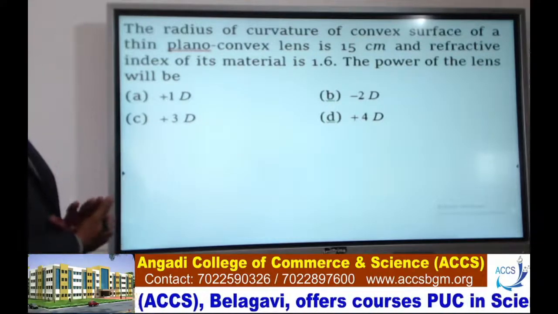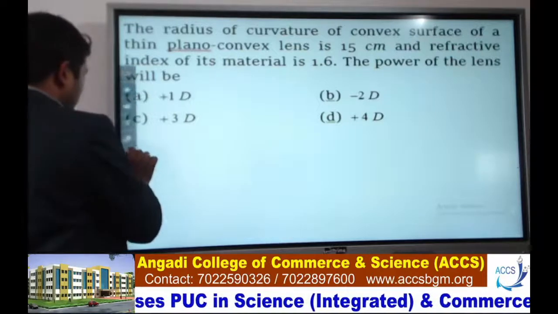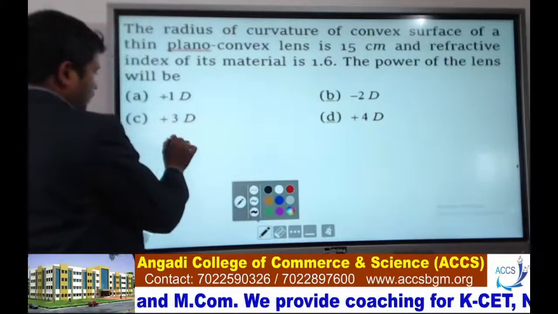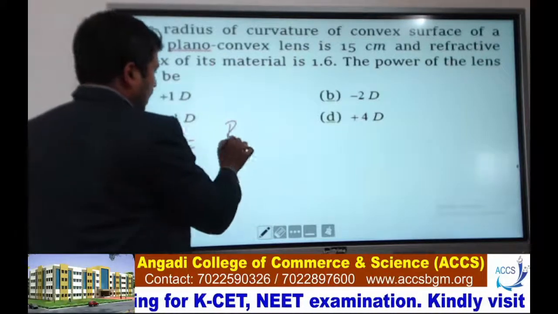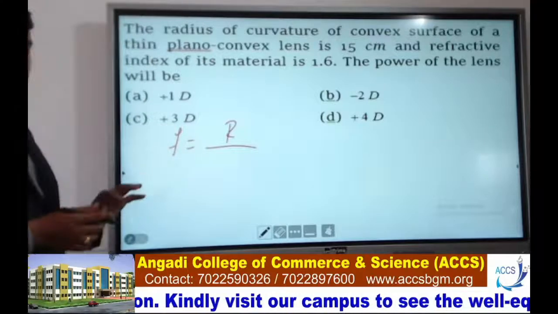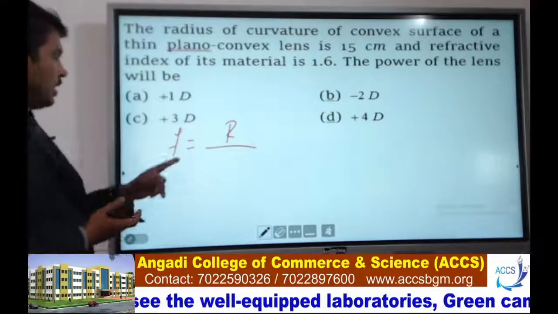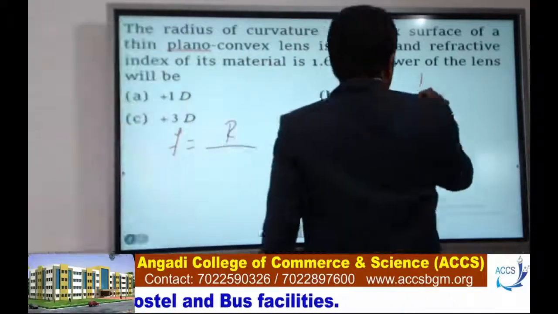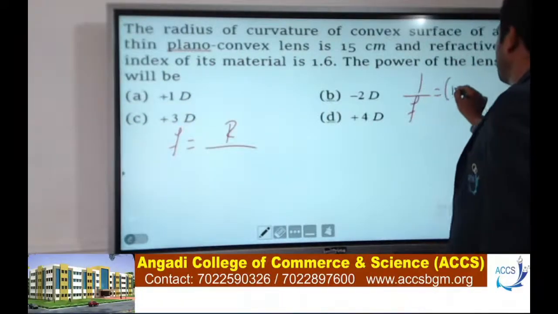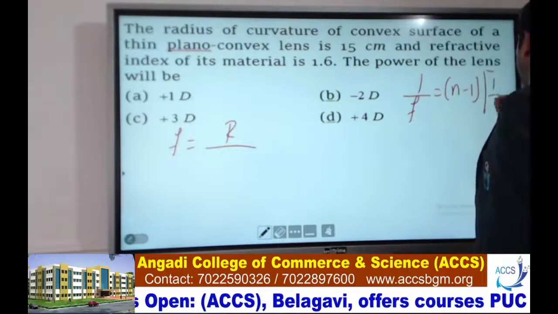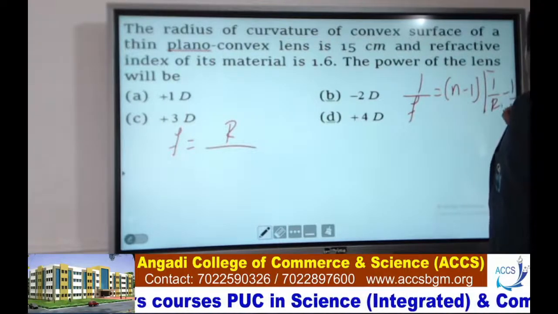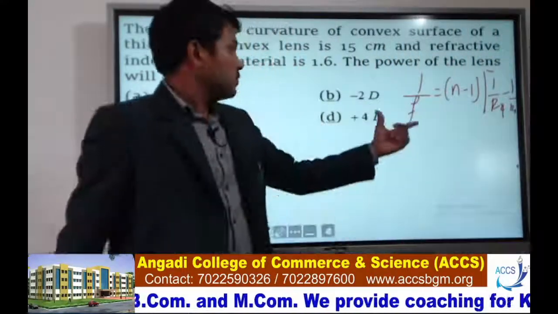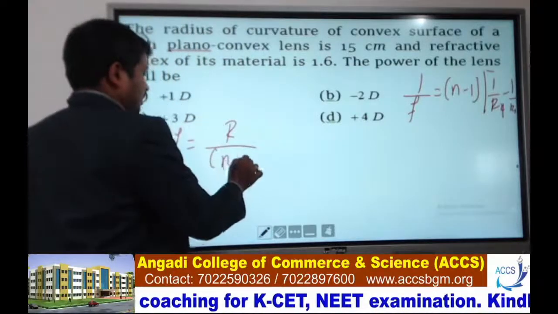Okay, first I will calculate the focal length. What is the formula? 1 by F equals n minus 1 times 1 by R1 minus 1 by R2. Now F equals R divided by n minus 1.